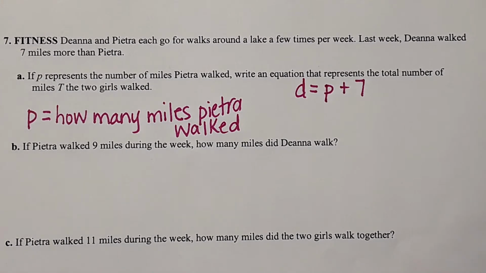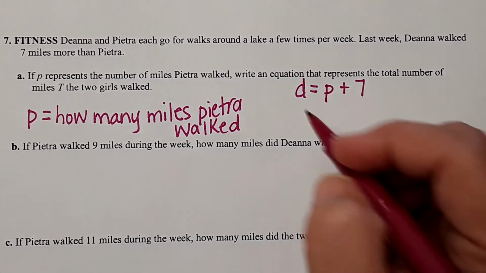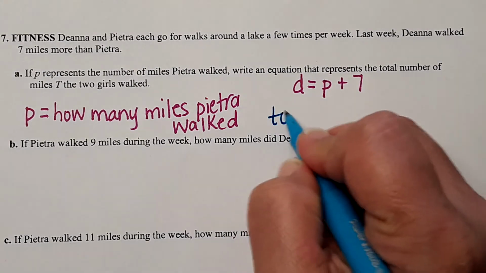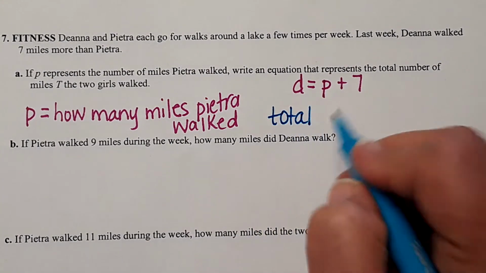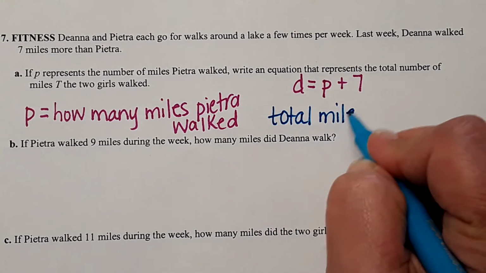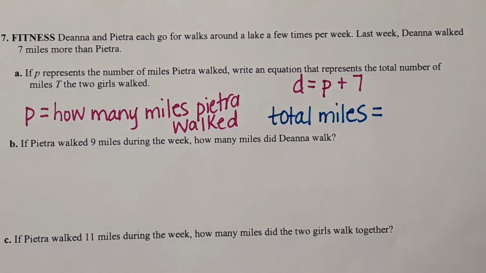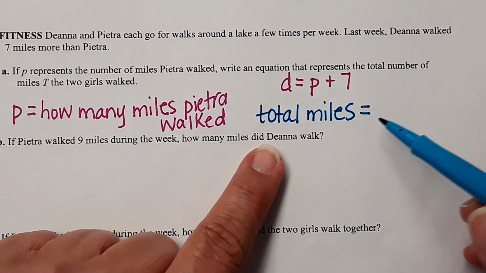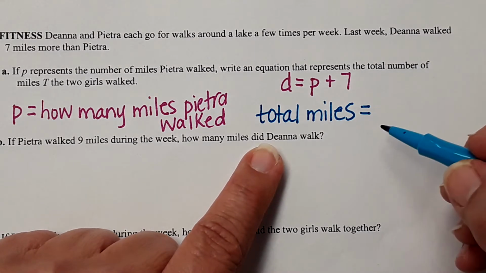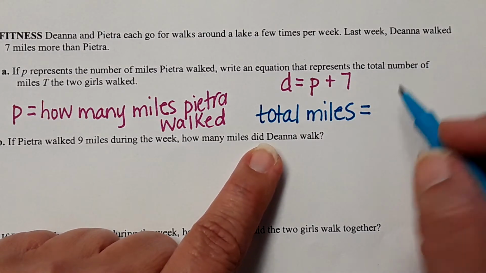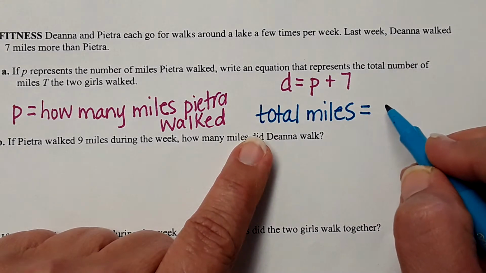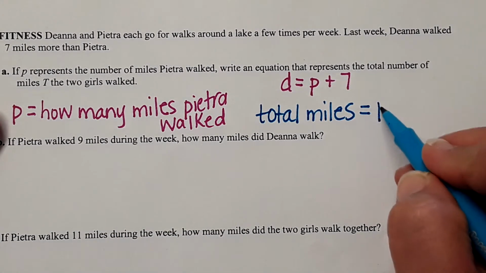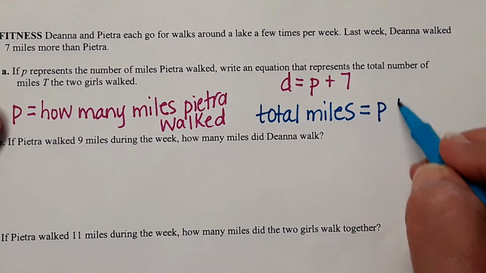Now, we want to know the total number. So here's the actual equation. Total miles equals what? Total miles that they walked together. So what do you think I'm going to write? Petra, right? Petra plus Deanna.